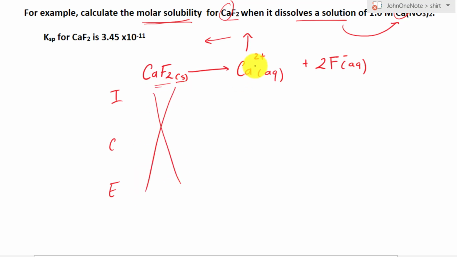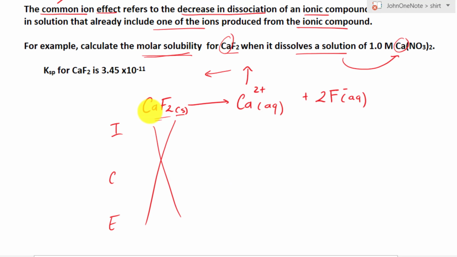Now, what about calcium? Before, we started with 0. Well, what about the initial value for calcium? We don't have 0, because the solution already has calcium in it, exactly 1.0 molarity. So this is expressed in terms of concentration. What about fluoride in this case? Well, we don't have anything.